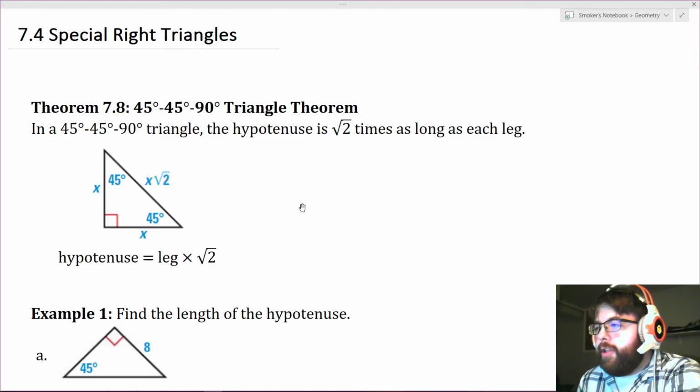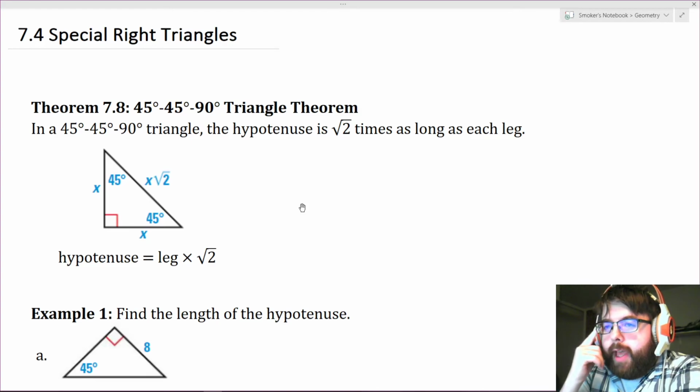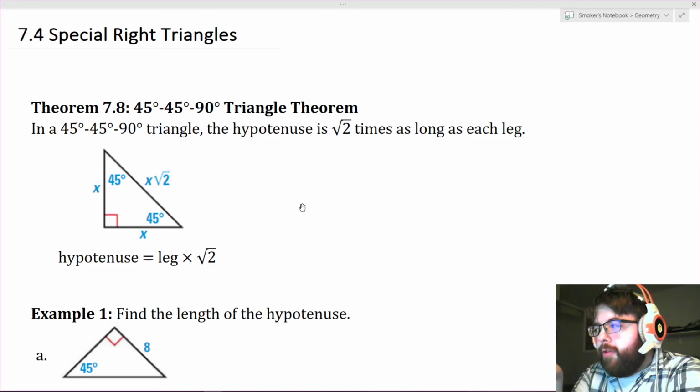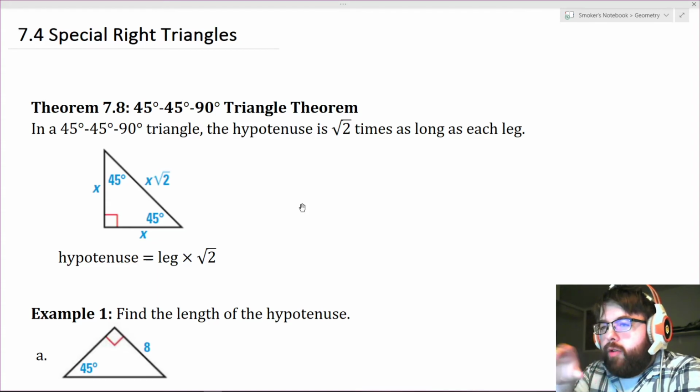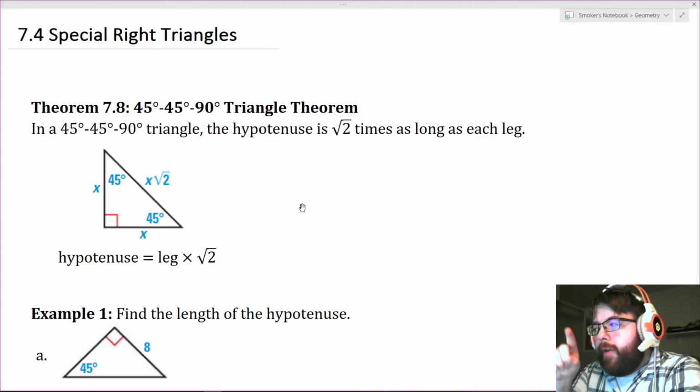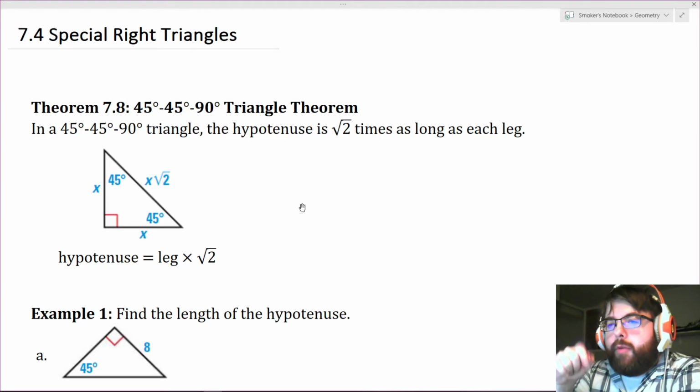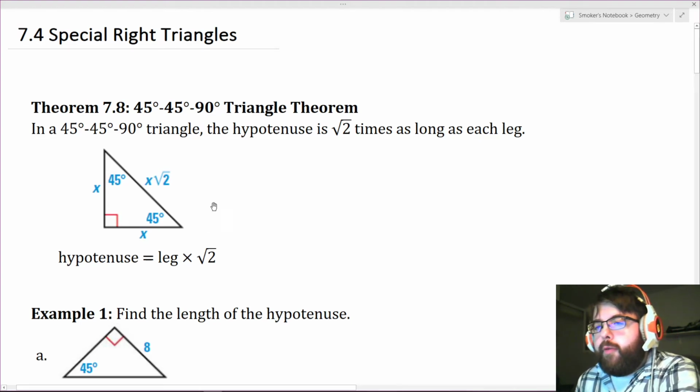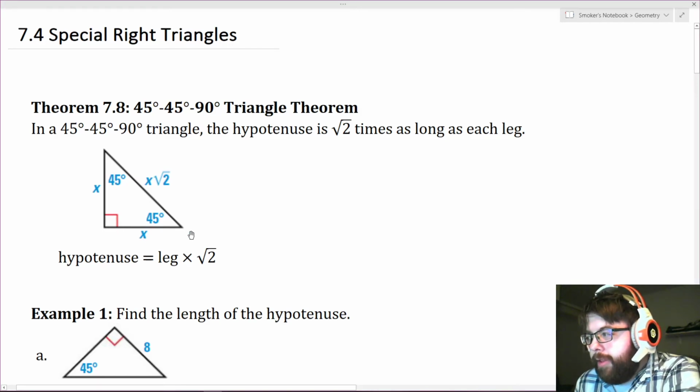The middle angle, whichever angle is between those two, would be opposite the side length that's between the other two side lengths. Well, in this case, we have a 45-45-90 right triangle. We have two angles that are equal. They're both 45. What that means is the sides opposite each of those angles will be equal. So, whatever one of the legs is, the other leg is that same length.